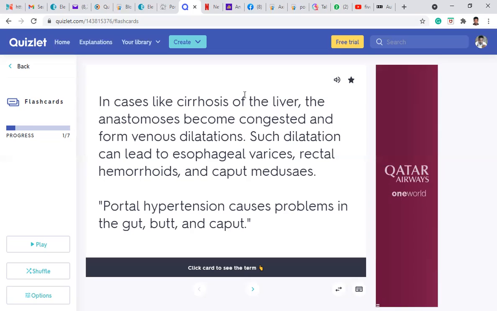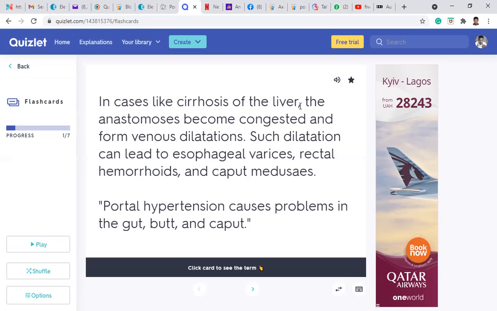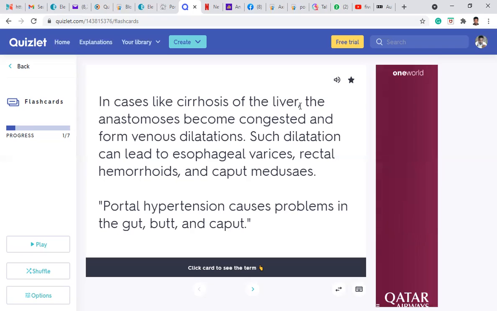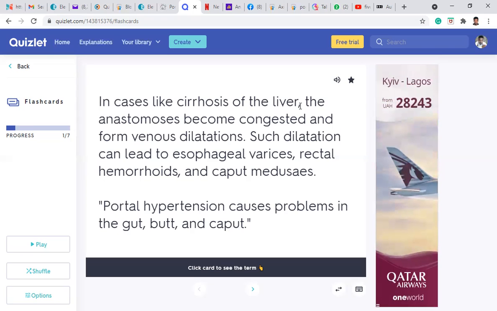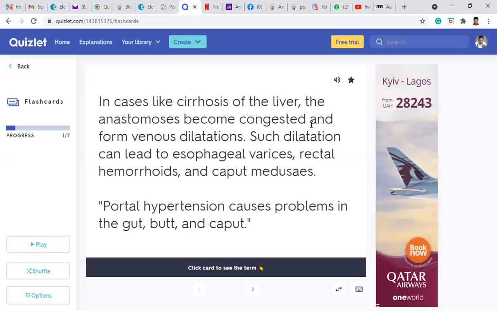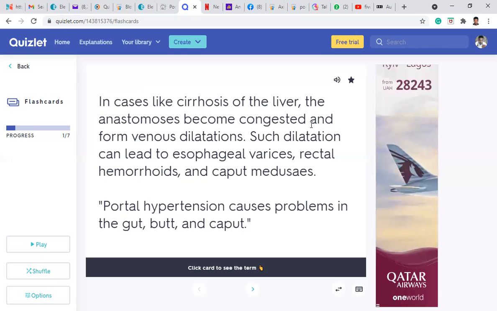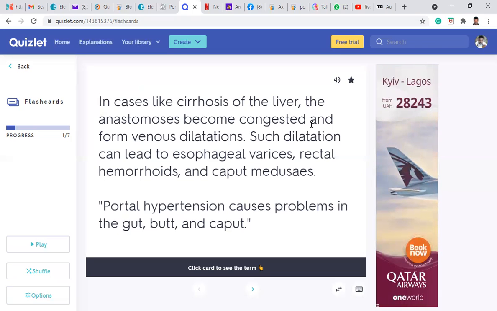So in cases like cirrhosis of the liver, the anastomosis between the portal system and the caval system, which we call the portocaval anastomosis, becomes congested. Why is it congested? Because in liver cirrhosis, blood cannot pass from the portal vein into the liver.